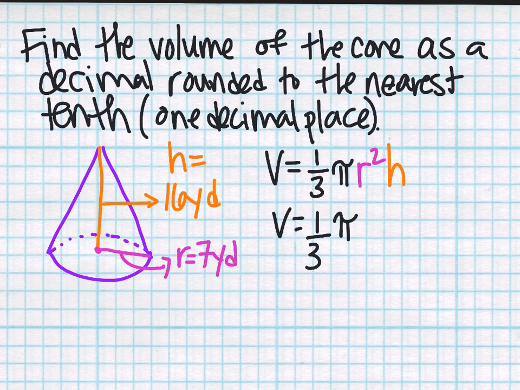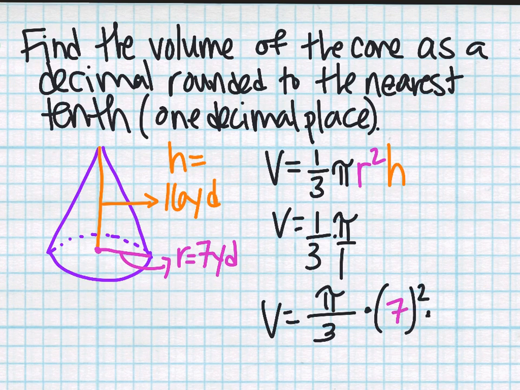If I want to make my life a little bit easier, what I'm going to do is multiply this real quick. 1 times pi is pi over 3 times 1 is 3. So volume is equal to pi over 3 times the radius, which is 7, squared times the height, which is 16.